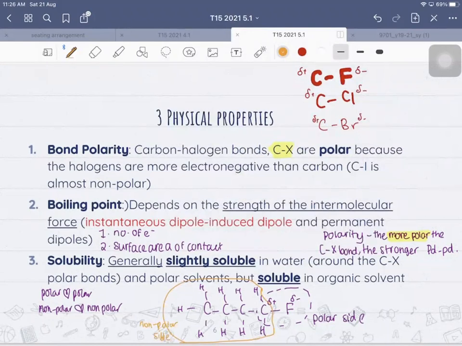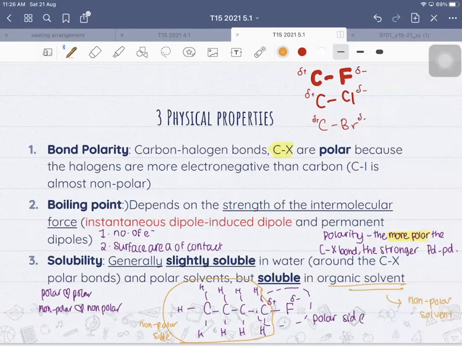Nonpolar solvents are usually your organic solvents, like octane, nonane, all these alkanes with a big number of carbon atoms in the molecule. So organic solvent, please take note, is usually nonpolar solvent.